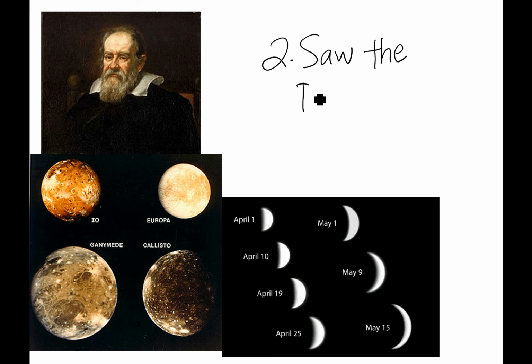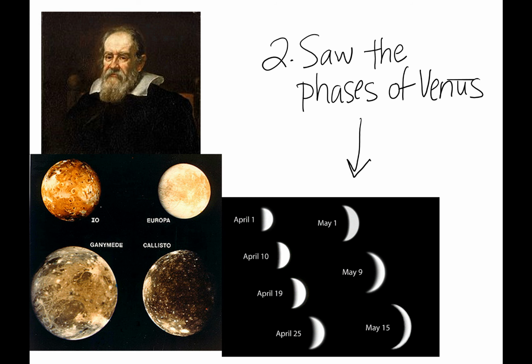The other cool thing here is that Galileo saw that Venus had phases. He saw the phases of Venus. And this fits right in with what we are talking about, the phases of the moon. So those down here are not pictures of the moon. Those are of the planet Venus. Turns out Venus can also get between the Earth and the sun, just like the moon can.